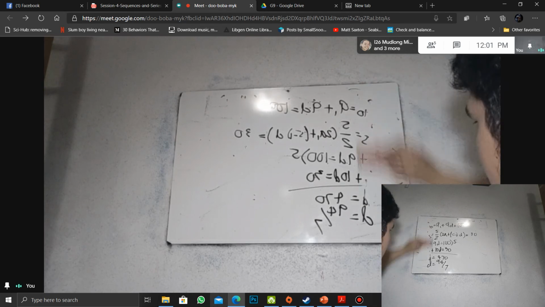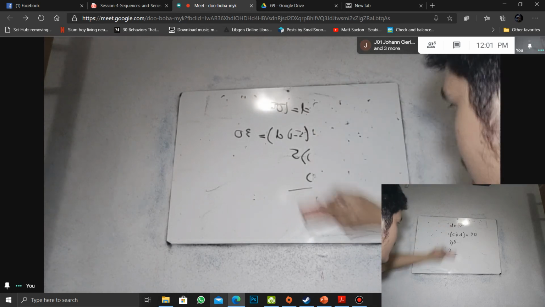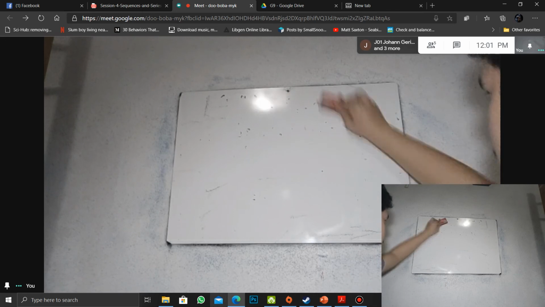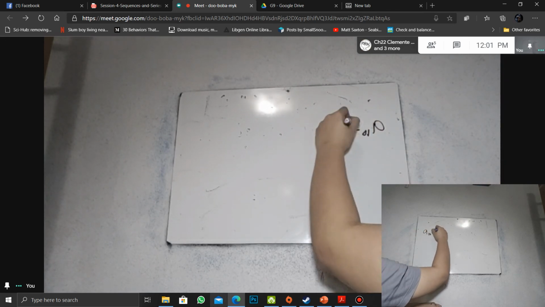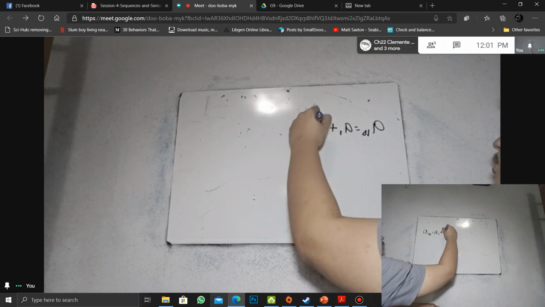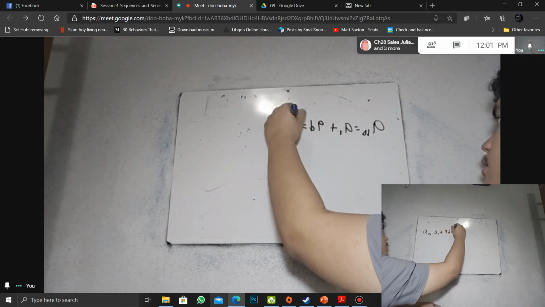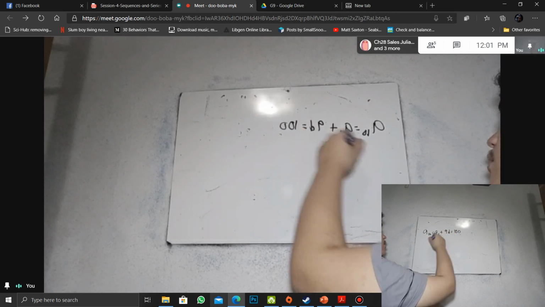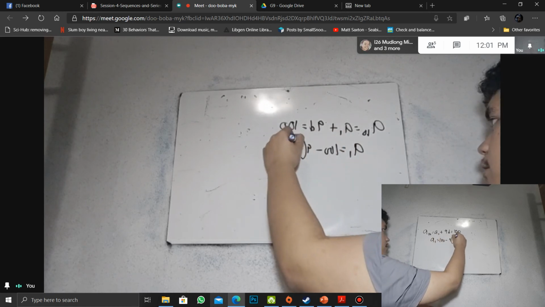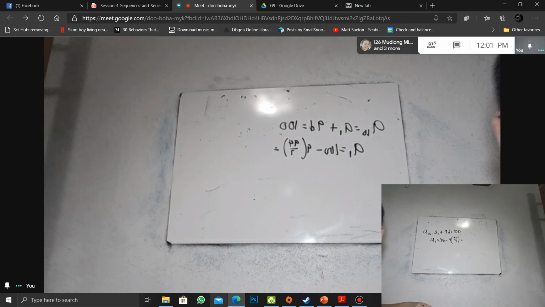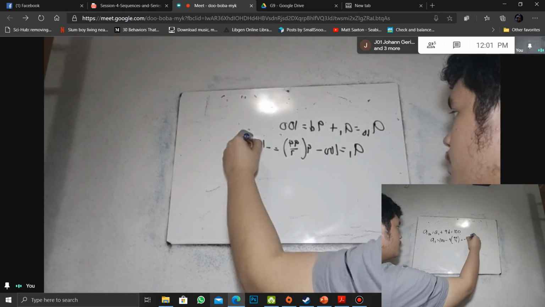Meron tayo A sub 10 dyan. So, let's use that. So, A sub 1 equals 100 minus 9 times 94 over 7 equals to negative 146 over 7 according to the calculator.